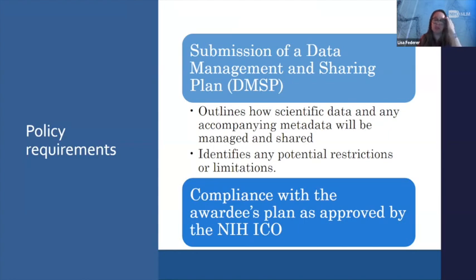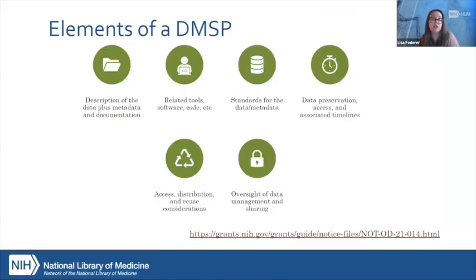So the plan will be approved, and then it is expected that the grantee or awardee will carry out that plan. There are 6 sections or elements of a data management and sharing plan, which I'm going to very briefly talk about here and will dig much more into over the course of today.